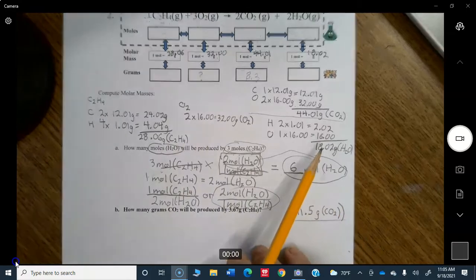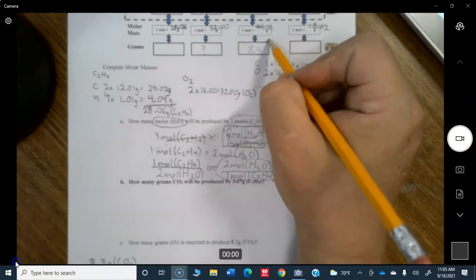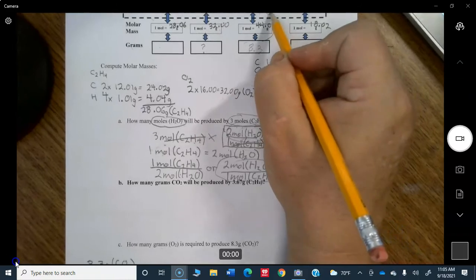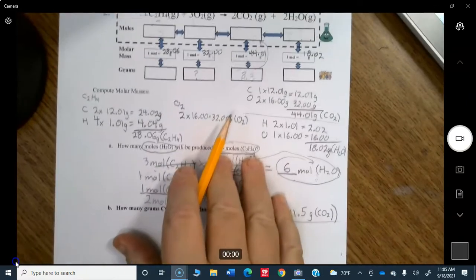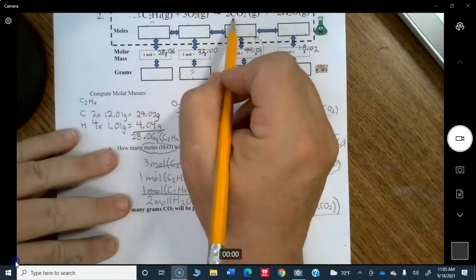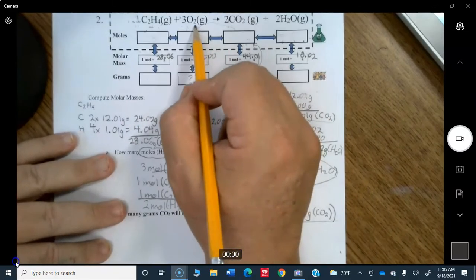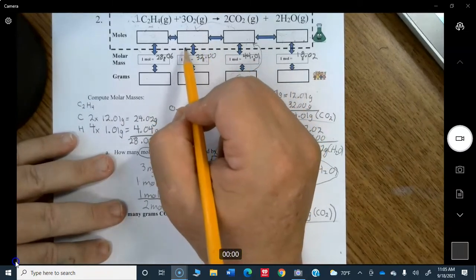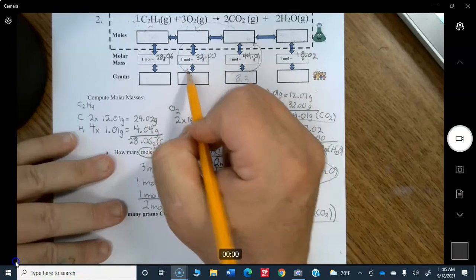All right, so that's going to be 3 conversions. You're going to use the molar mass of CO2 to get you into moles of CO2, that equivalency there. Then we're going to use the relationship between moles of CO2 and moles of O2 to get us from there to this box. And then we're going to use the molar mass of O2 to get us back out into the grams of O2.